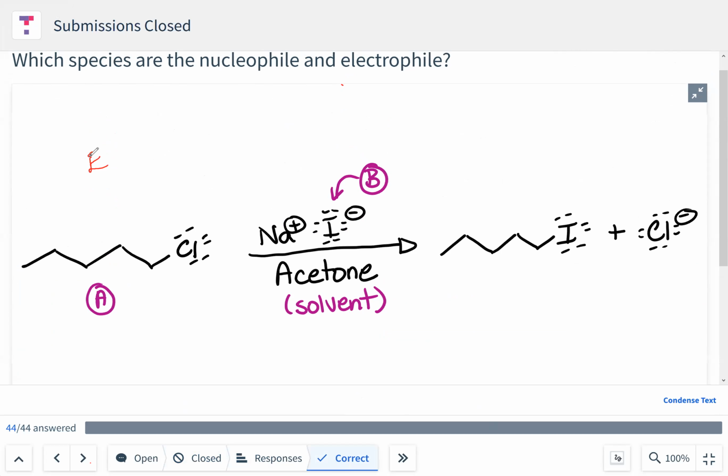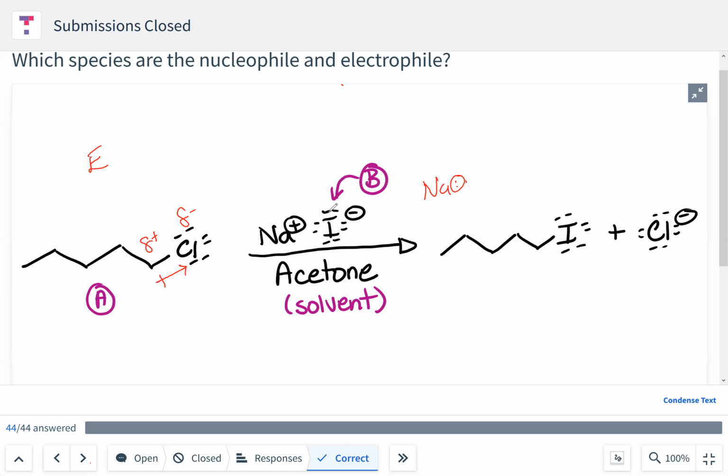Remember, electrophiles are going to be electron poor, and so on this molecule A, this is charged in this direction. So this carbon here is going to have the delta plus. The chlorine, of course, is the delta minus. Our nucleophile is going to have some lone pairs that it can use to attack with.